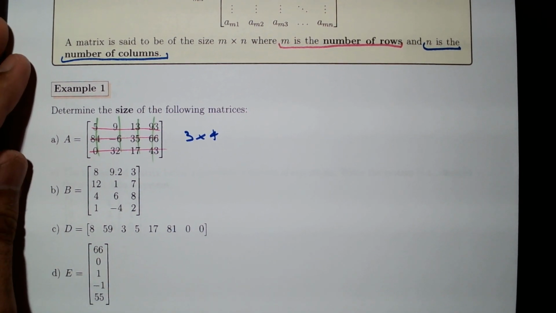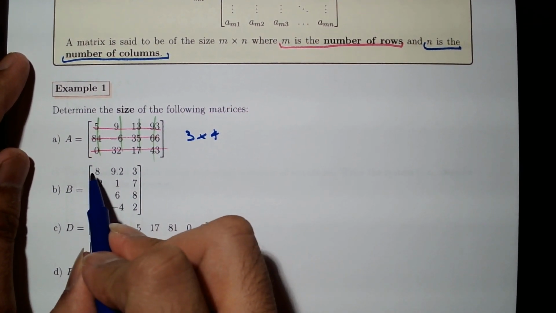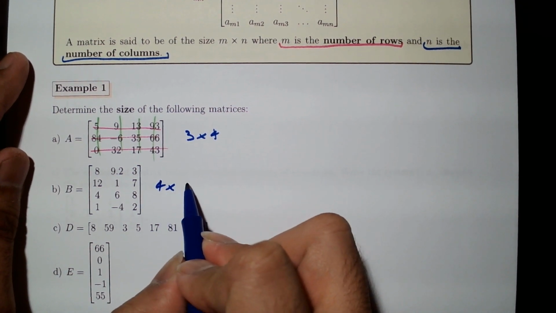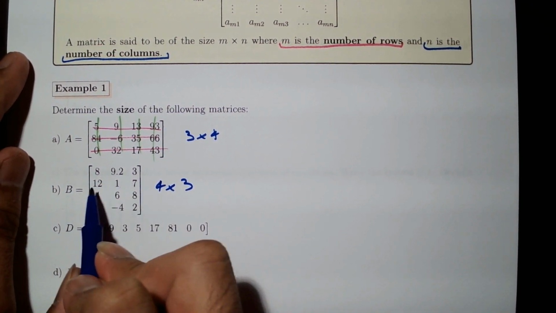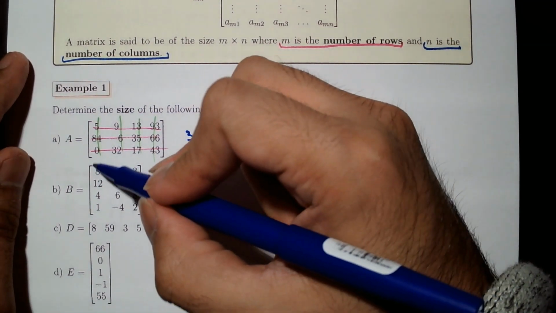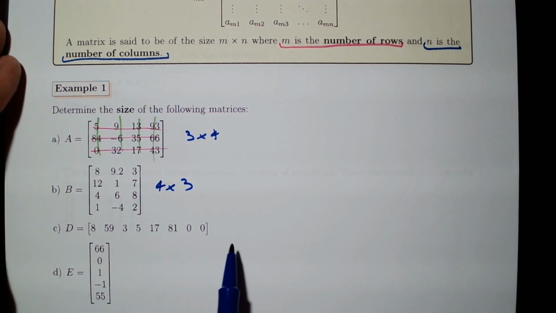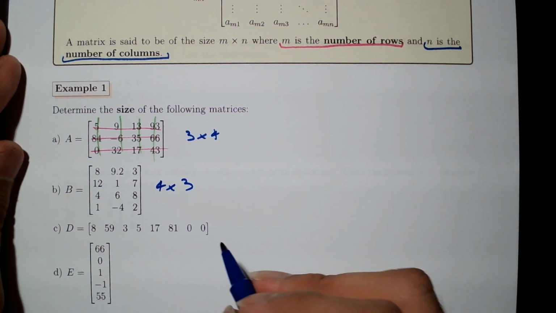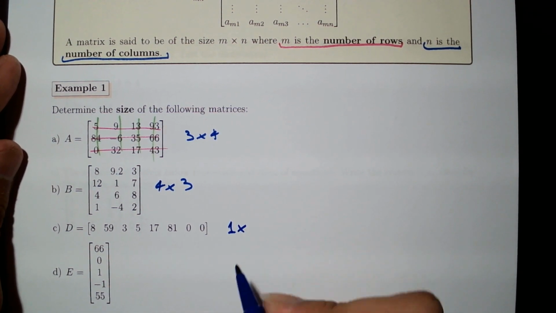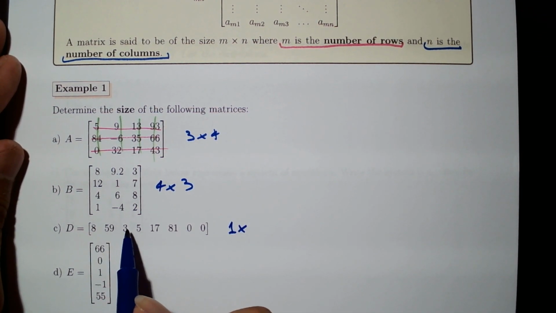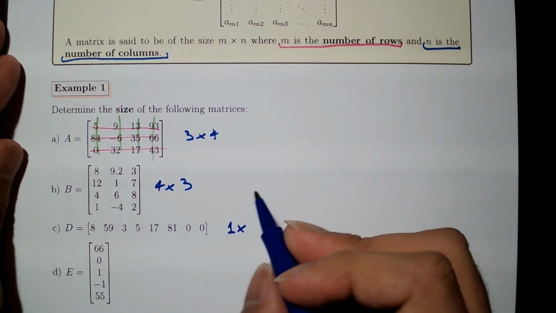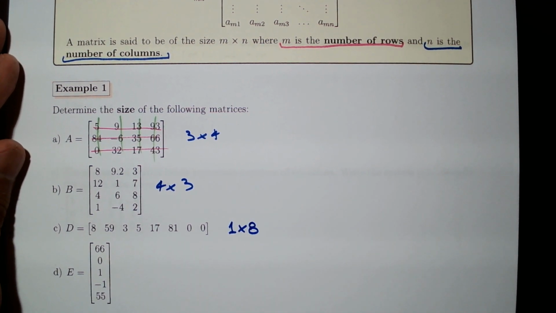And then letter B, we have a 4 by 3 because we have 1, 2, 3, 4 rows and 1, 2, 3 columns. Letter D is only one row by 1, 2, 3, 4, 5, 6, 7, 8 columns.